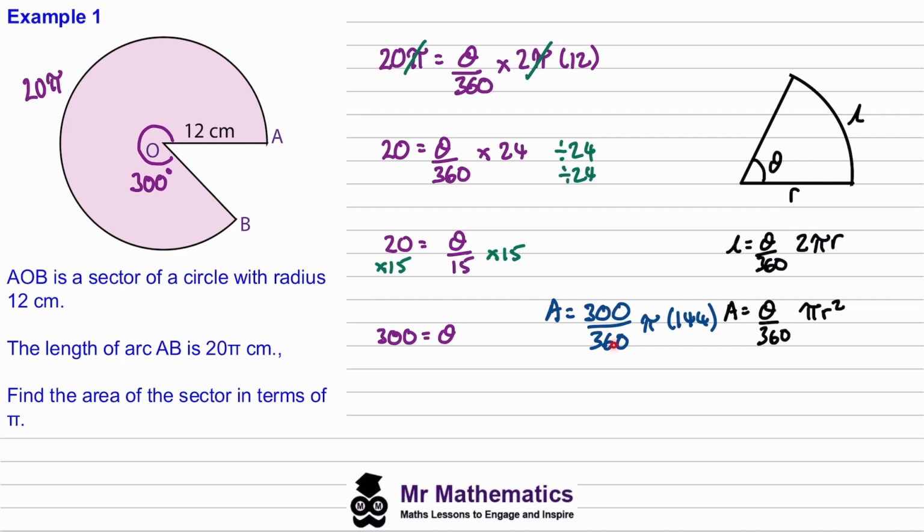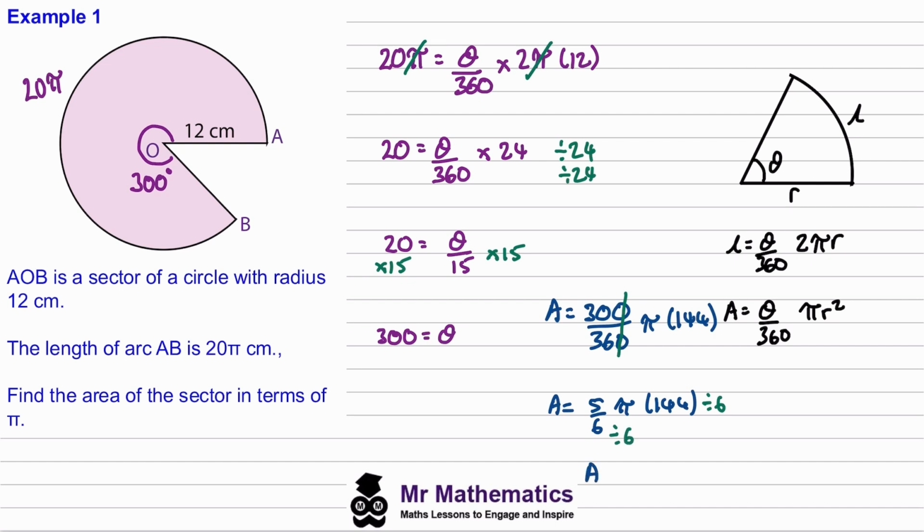Now we can simplify this fraction. We'll divide both by 10, these zeros will go, and then we can divide the 30 and the 36 by 6. So the area will be 5 over 6 times pi times 144. And 6 is a factor of 144. So now we can divide both by 6.